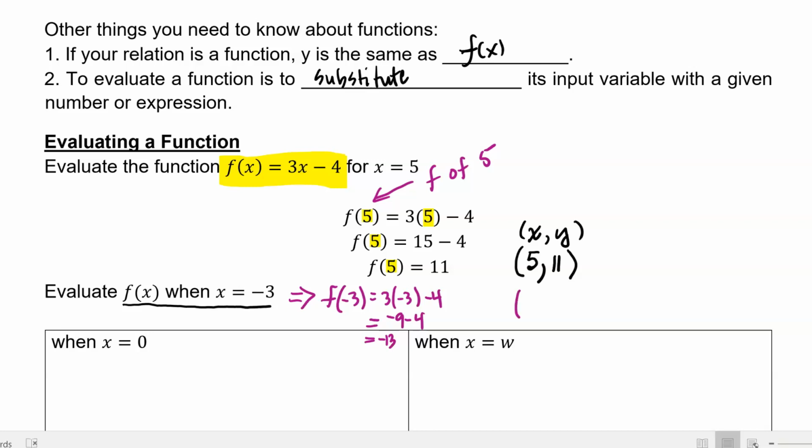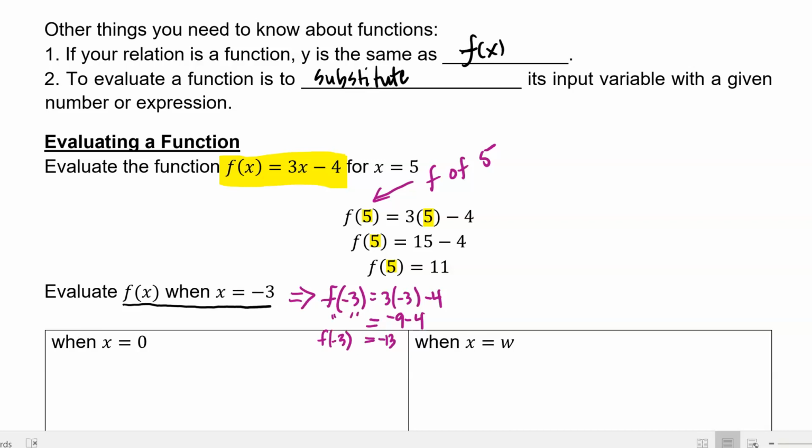Well, what did you plug in for x? -3, and what came out for y? -13. If I say graph the function, you could use these points. But if I say evaluate this function, all you have to do is write, for the first one, f of 5 equals 11, and for this one, f of -3 equals -13.